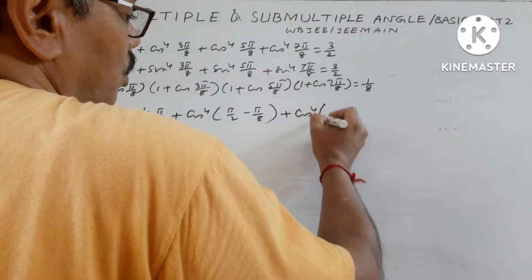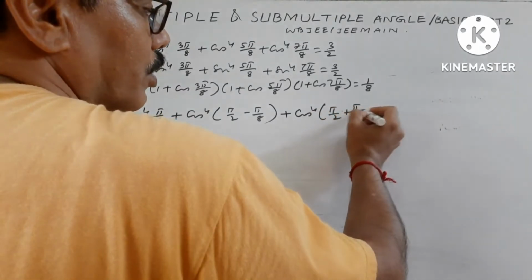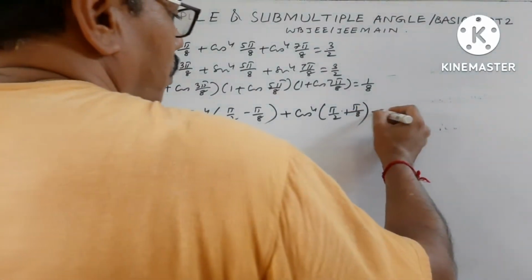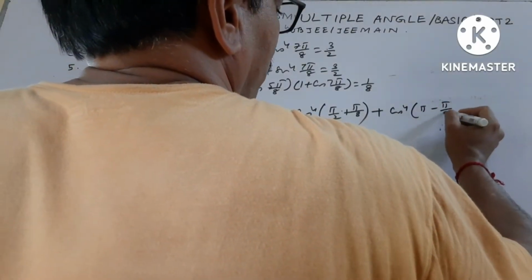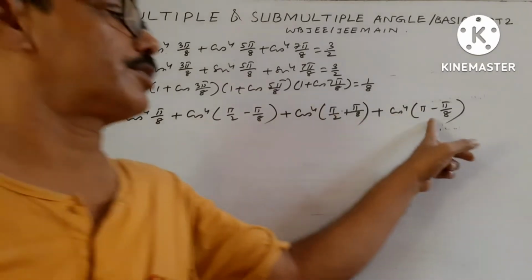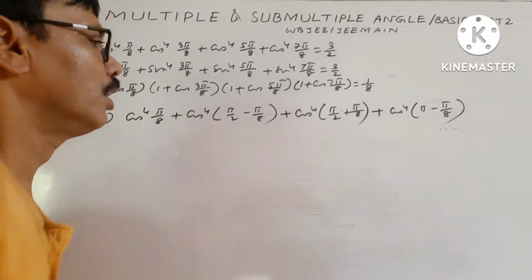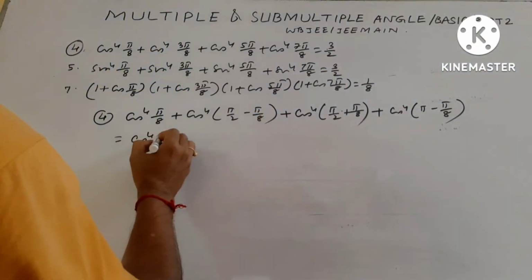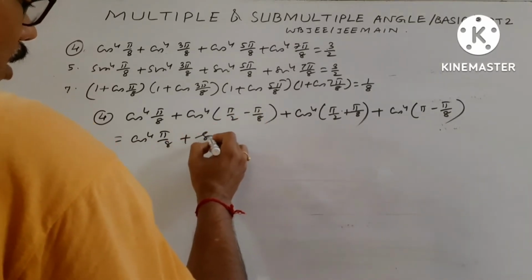Cos to the power 4, so this is pi by 2 plus pi by 8, plus cos to the power 4 of pi minus pi by 8. So this is 5 pi by 8, this is 7 pi by 8. So this is our main idea. Then we apply the formula of cos 90 minus theta equals sin theta.